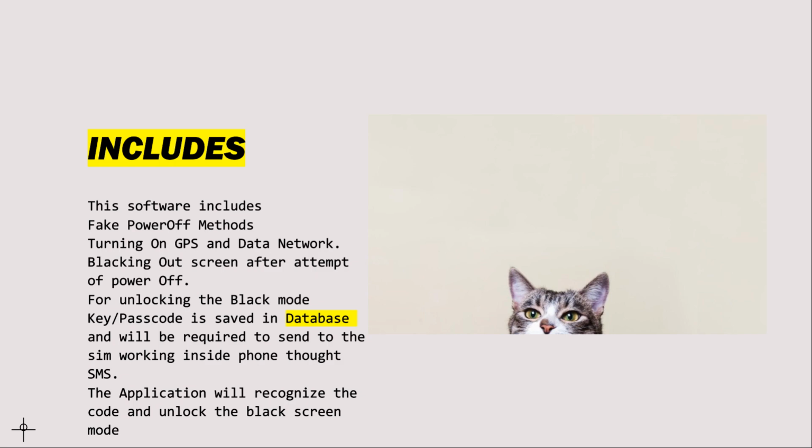If we want to unlock our phone, the password we set, we are supposed to send through SMS to any SIM that is inside our phone, like our own SIM, or if we lost the SIM, we can put in a new SIM and send this password SMS to our lost phone. Our application will recognize that the password is correct, which comes from the SMS, and it will unlock our phone and everything.